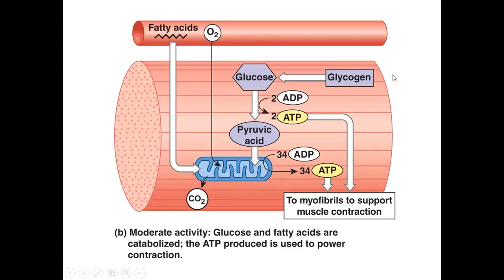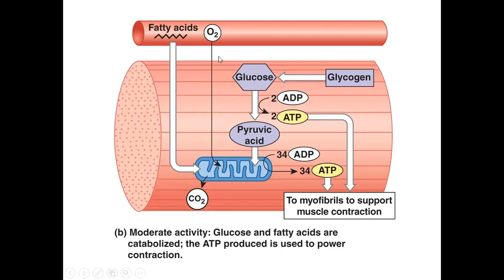Okay, so by the time you are doing this kind of activity, you are still able to utilize the fatty acids and the oxygen coming in to generate this ATP.